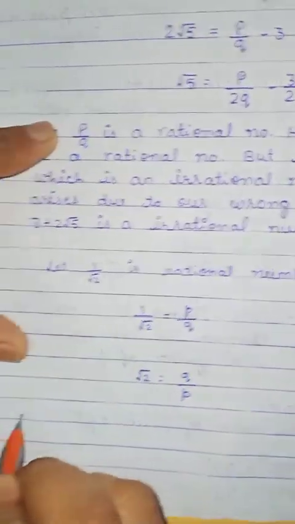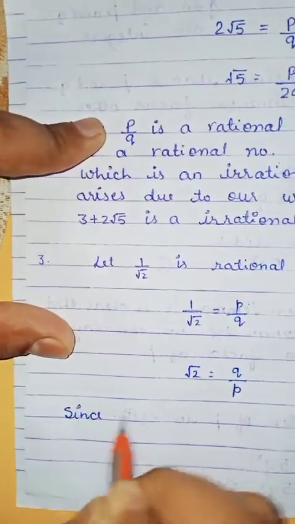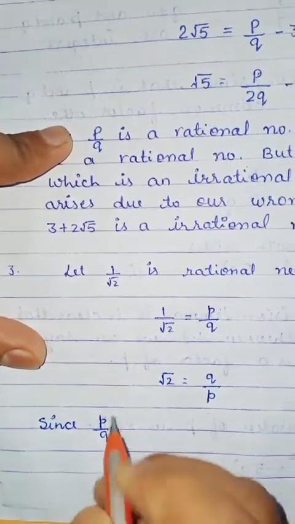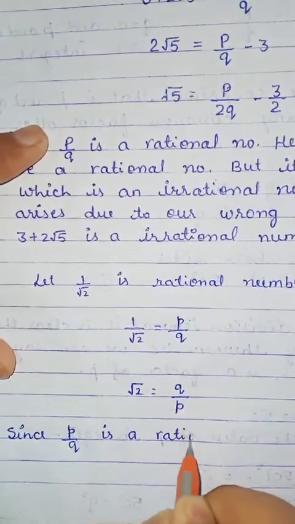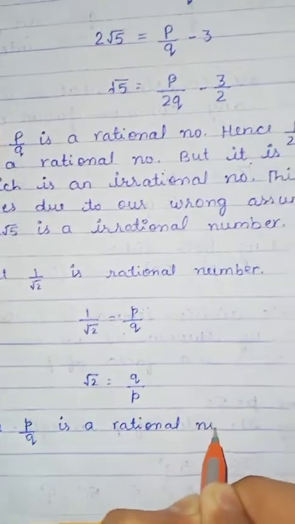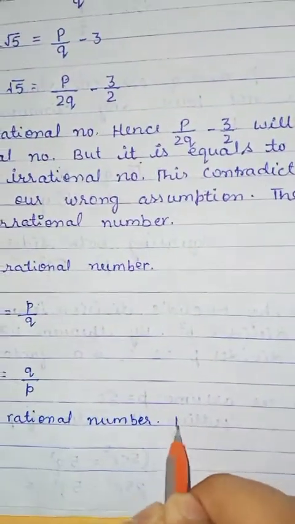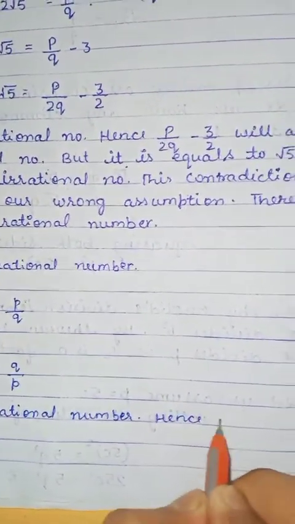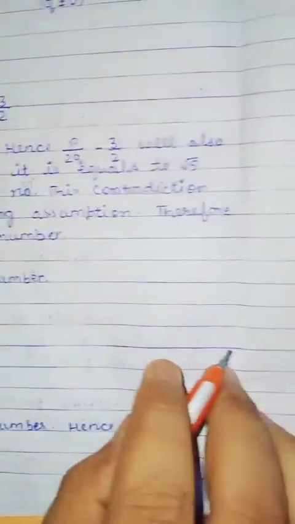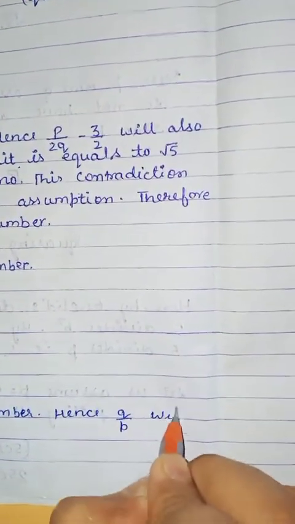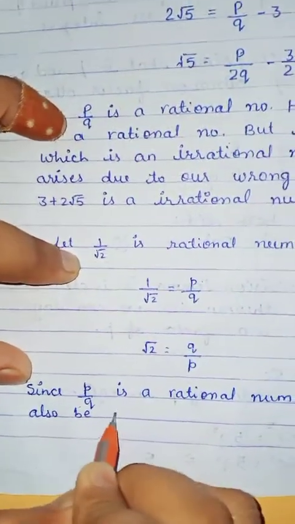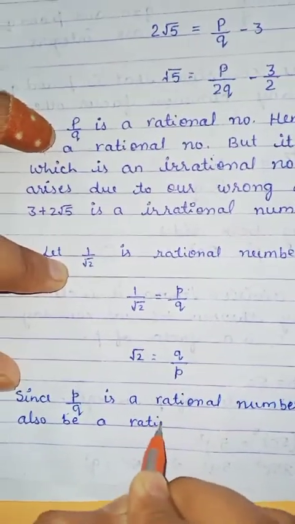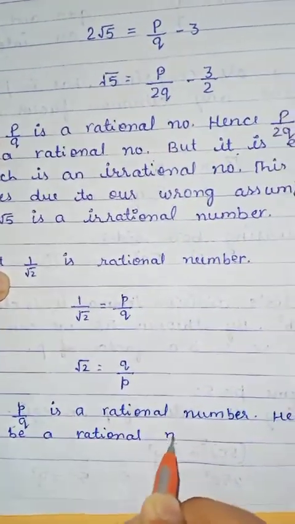So we can say now, since p upon q is a rational number, hence q upon p will also be a rational number.